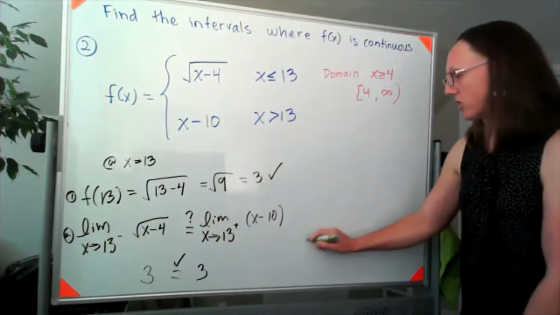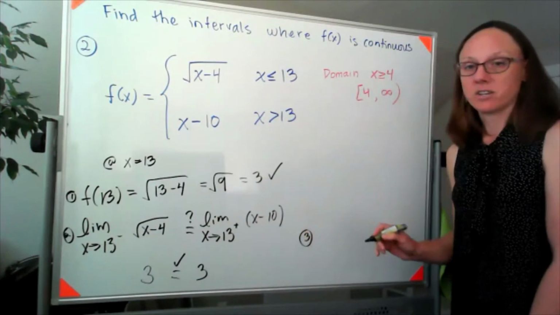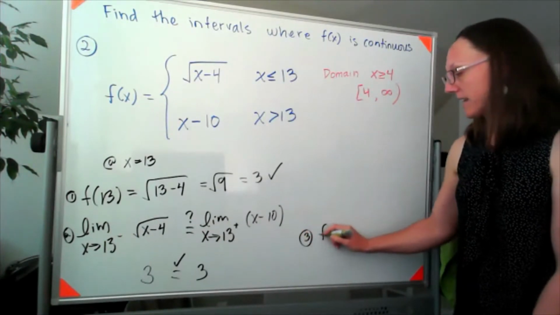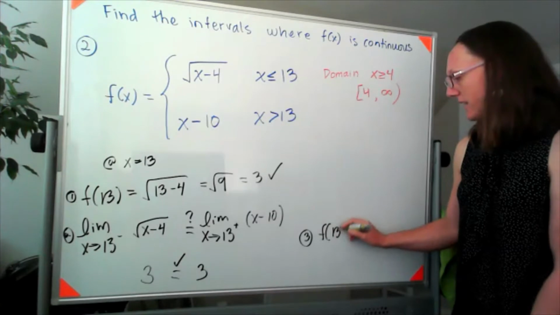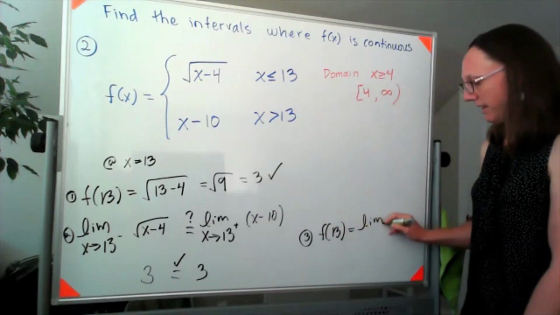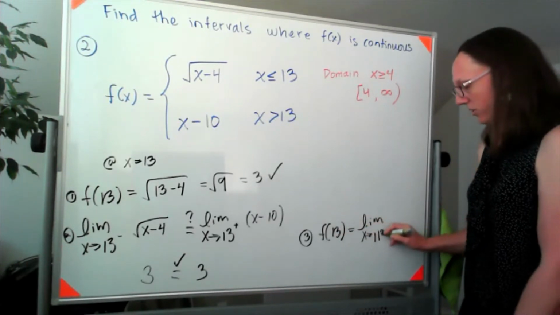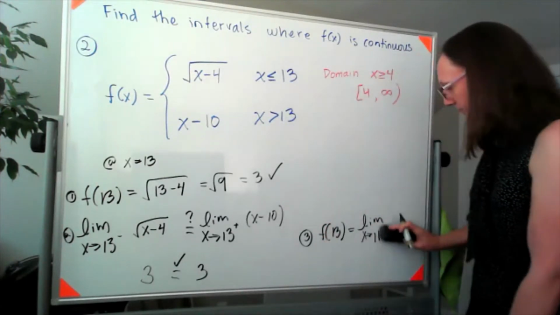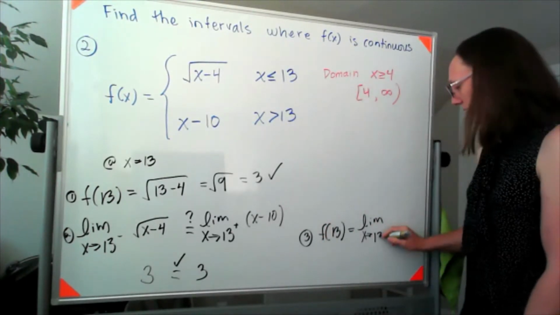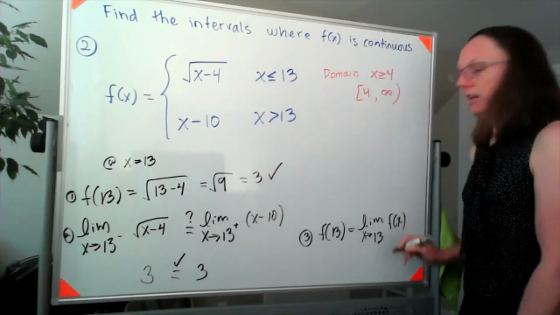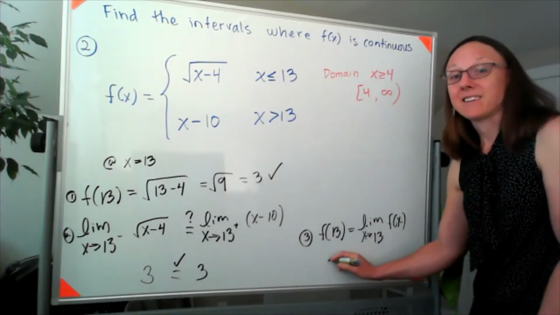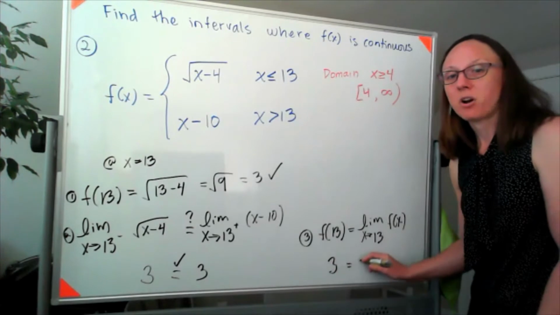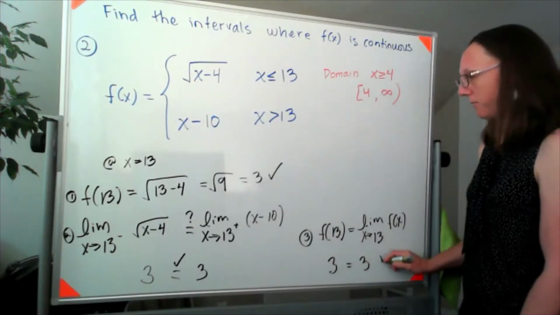So now we've checked the first part of the continuity definition and the second part of the continuity definition. And the third part of the continuity definition says, is f of 13 equal to the limit as x approaches 13 of f of x? And it is, because we got 3 for that first part and 3 for the second part.